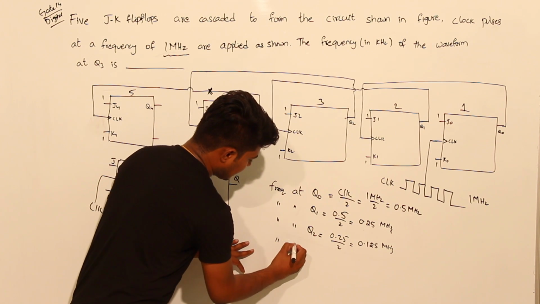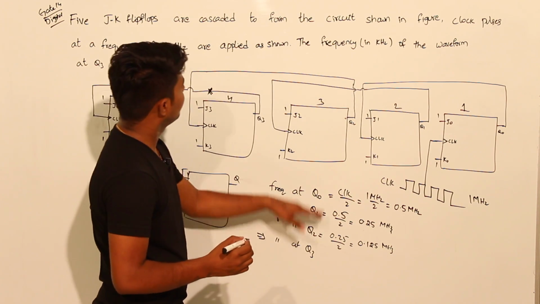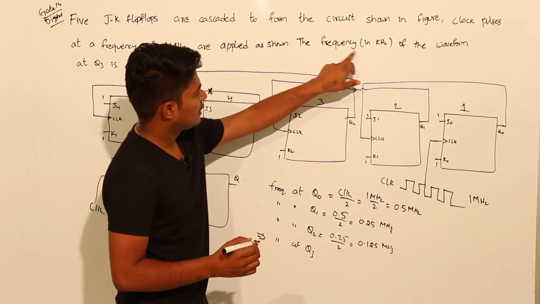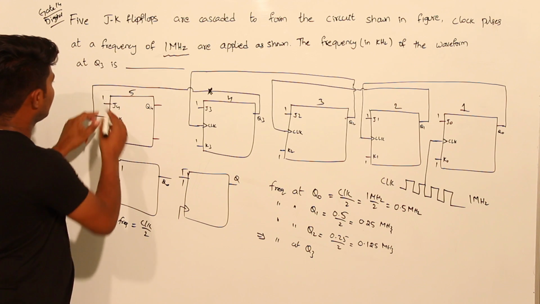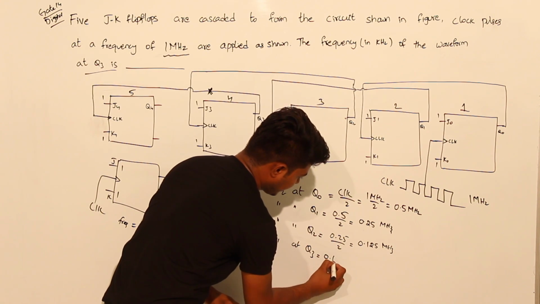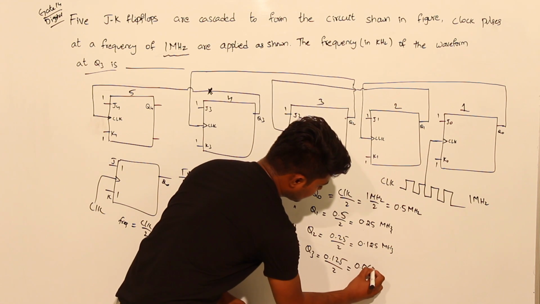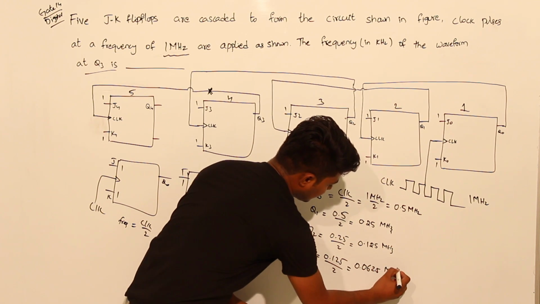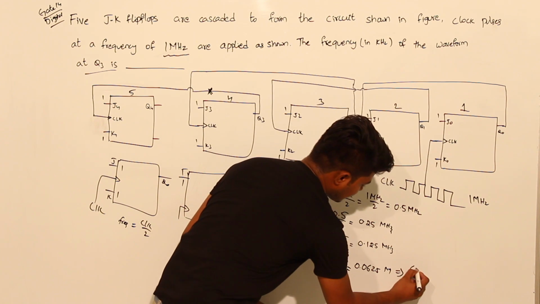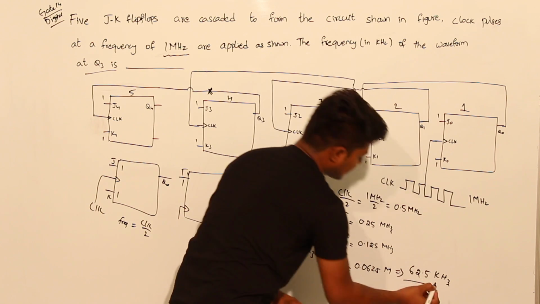So the frequency at Q3, which is the required thing which we need to find out, is half of this, that equals 0.125 by 2, 0.0625 MHz. If you need to write in kilohertz, that is 62.5 kilohertz. This is the required one.